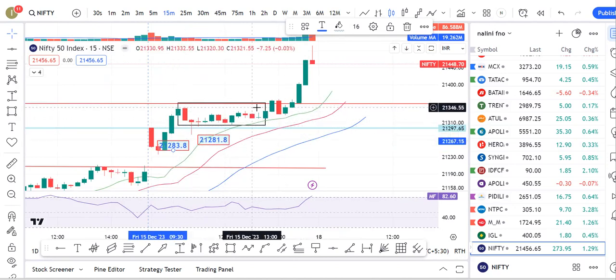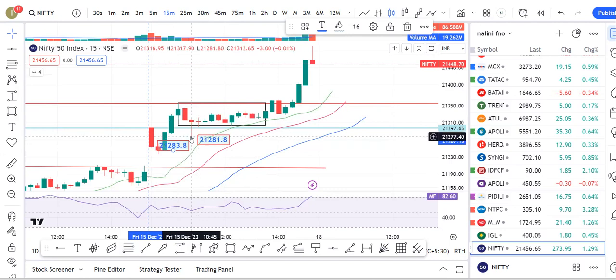And after the sweep, Nifty created a ping pong, engaging buyers and sellers and confusing them, because big smart money was accumulating shares from the buyers and sellers.